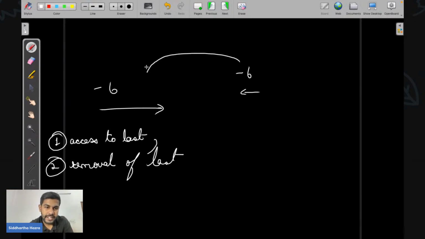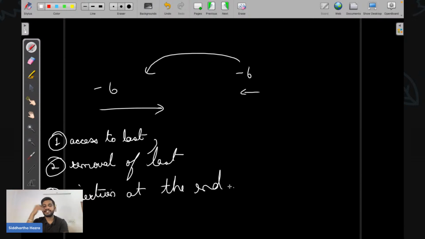We need to keep it at this position because they both are moving on the left-hand side, so they won't cancel each other out. So now we need an insertion at the end. We need access to the last element. We need the removal of the last element.